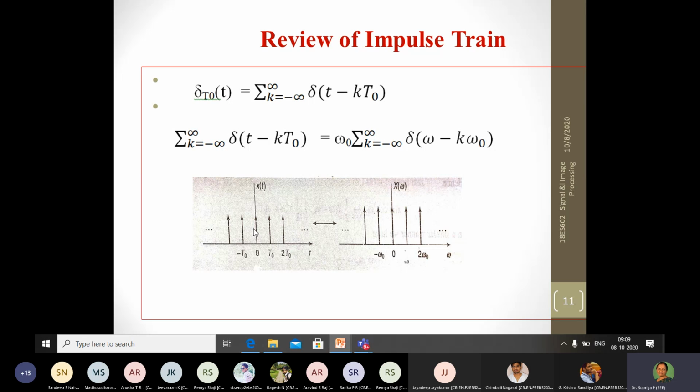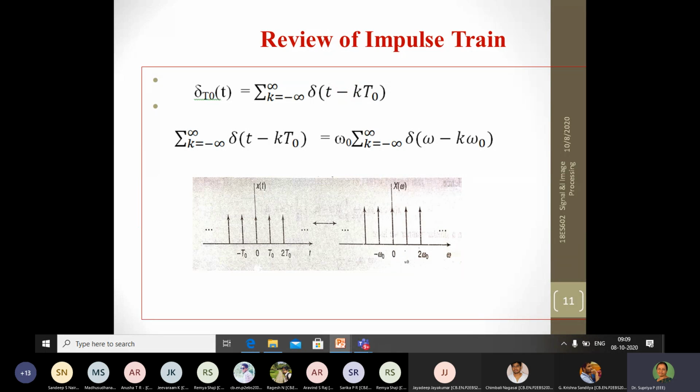Similarly, on the negative side of the time axis, if k is going to be negative, which means if k is going to be minus 1, we would have delta t plus t naught. Similarly, delta t plus 2 t naught, so on and so forth. This is the meaning of an impulse train, or a train of impulses.